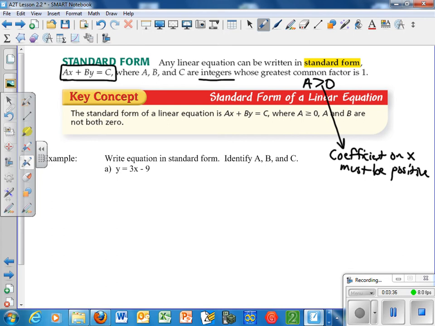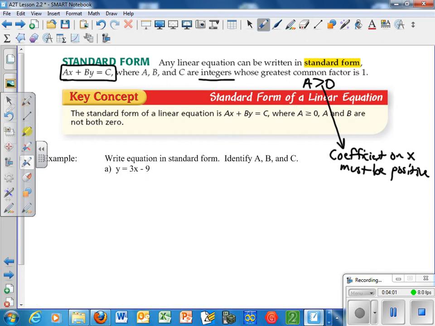Okay, it doesn't matter in front of y, you can have negatives, okay, but a must be bigger than 0. No fractions or decimals, okay. Always reduce if you can. So if those numbers, a, b, and c, and we'll get to some examples here in a second, if they can be reduced, let's say they were all even, and 2 goes into all of them, then you need to reduce them or divide them all by 2.